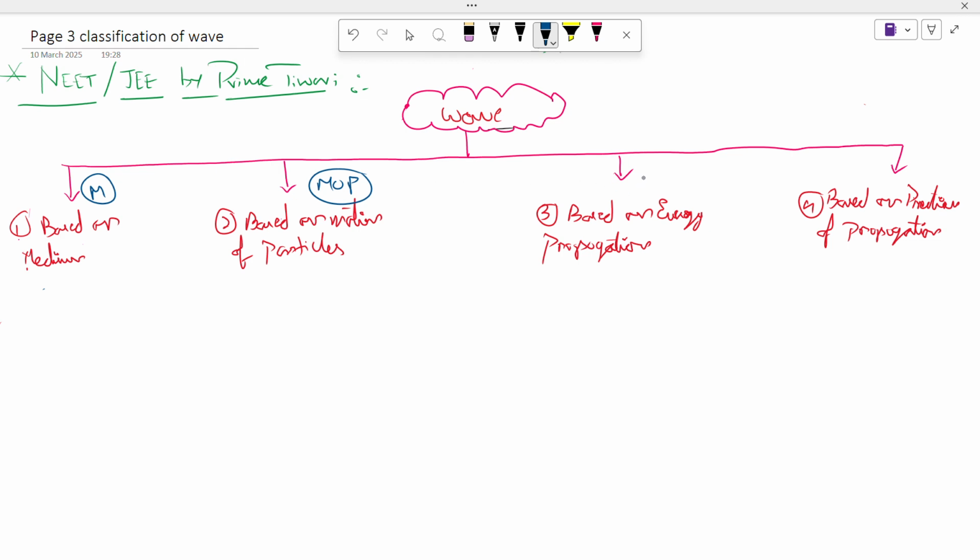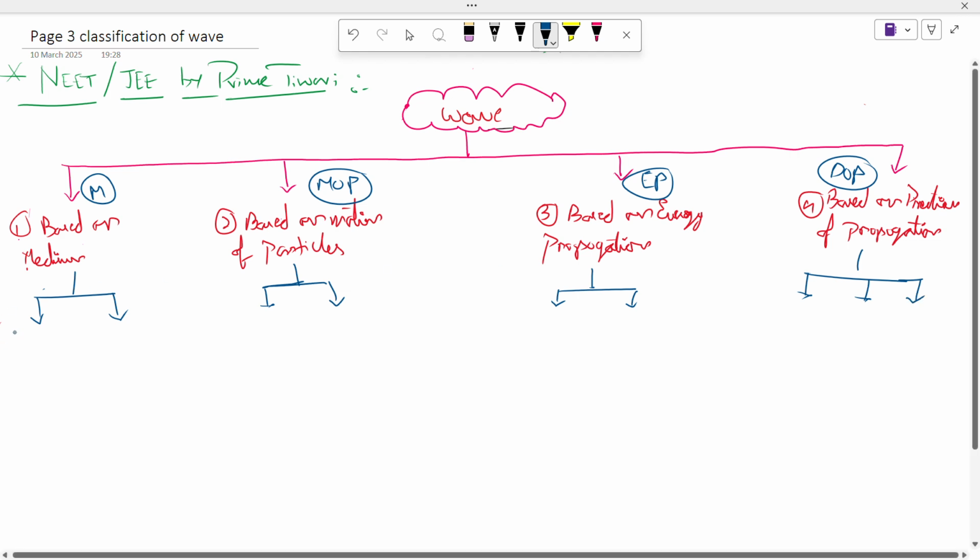The third category is energy propagation, and the fourth category is nothing but DOP, that is direction of propagation. Each of them is further divided, most of them into two parts. The third one, energy propagation, is also divided into two parts. Last but not the least, it is divided into three parts.